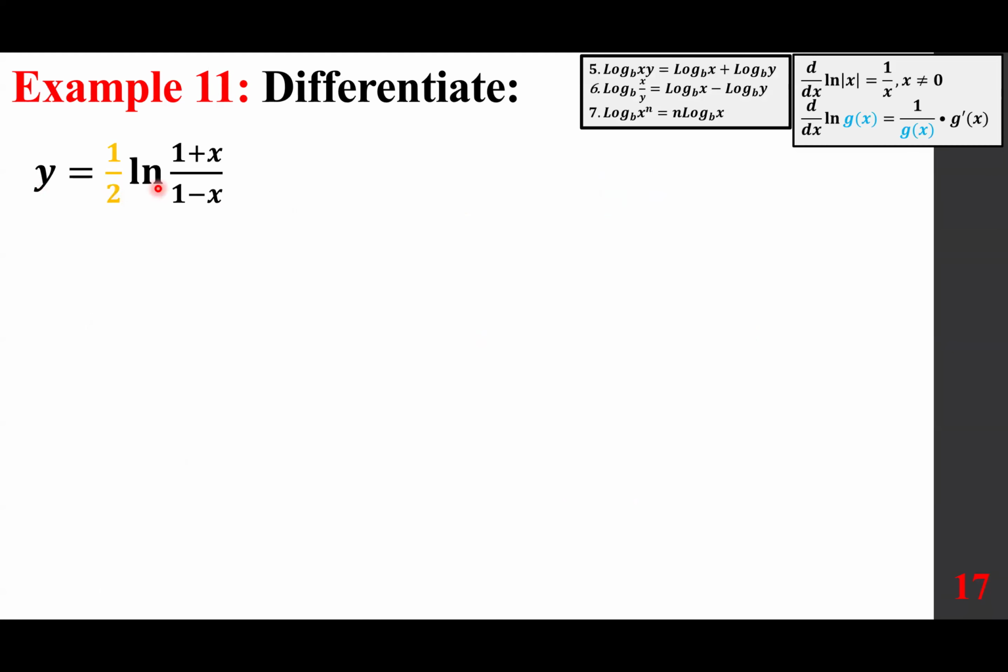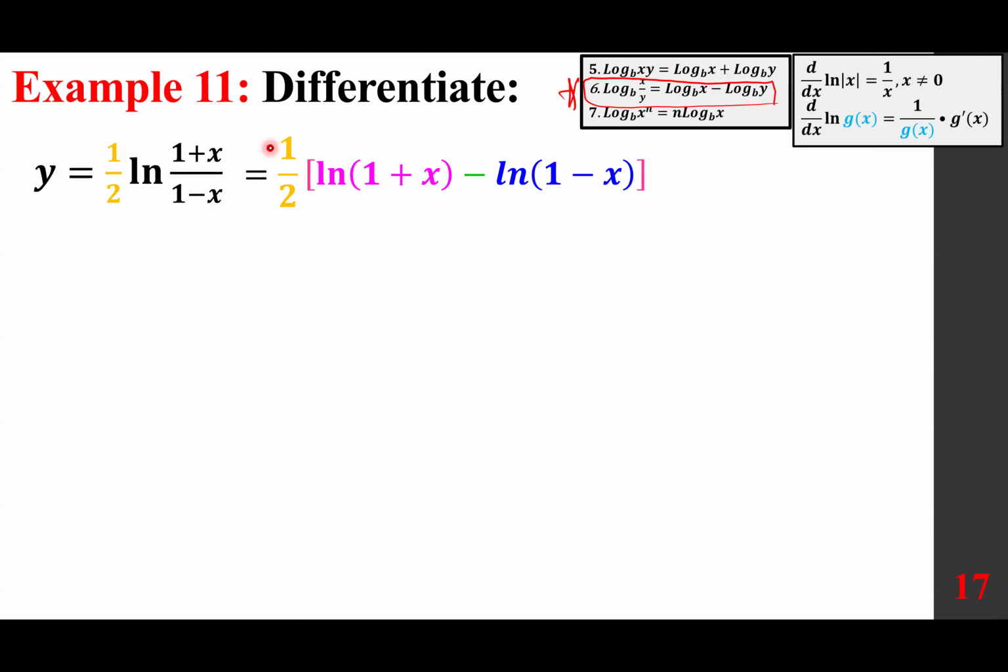Y equals 1 half ln of 1 plus x over 1 minus x. We want to differentiate. So the first thing we do, using the quotient rule of logarithmic properties, 1 half remains, and this will cut into 2 pieces, ln of 1 plus x minus ln of 1 minus x.